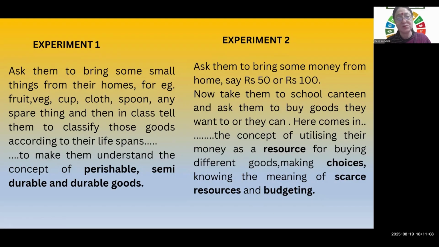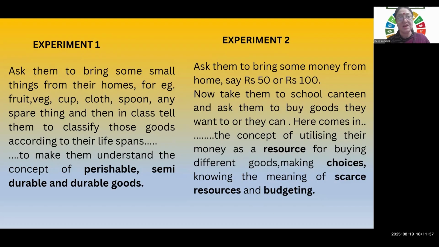Again, we are able to do that. Children will think, analyze, research, and use their resources in the best possible manner. Even if such activities are not possible because of paucity of time, you can tell them that once they qualify class 12 and go to college, they have to assess the cost of various colleges. How will they do that?